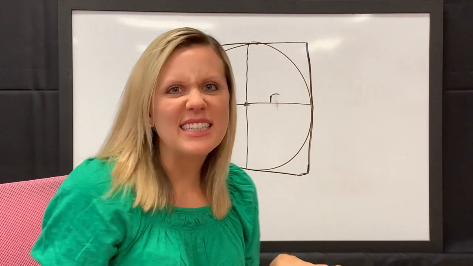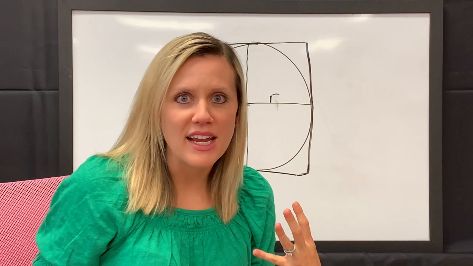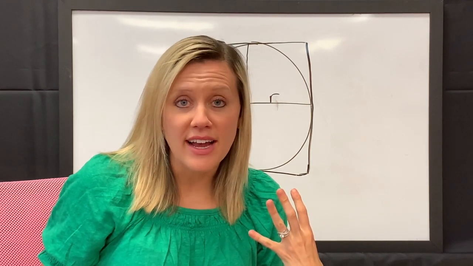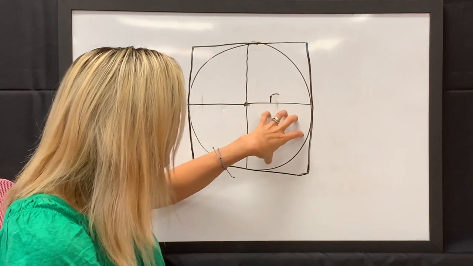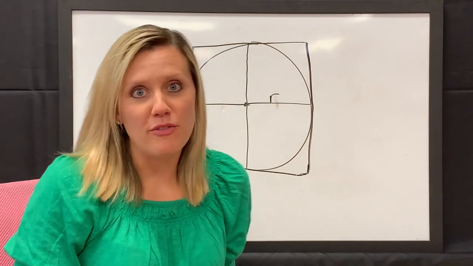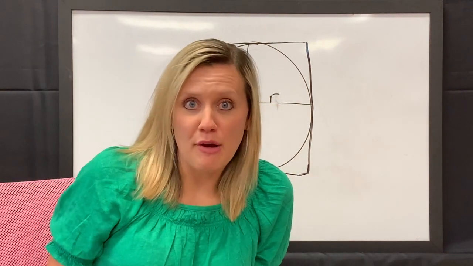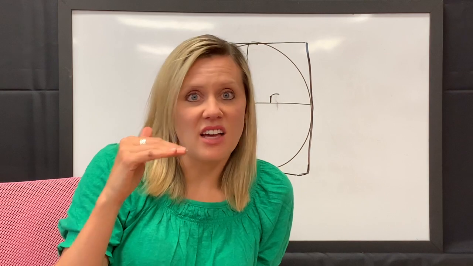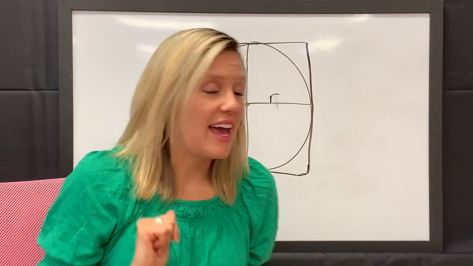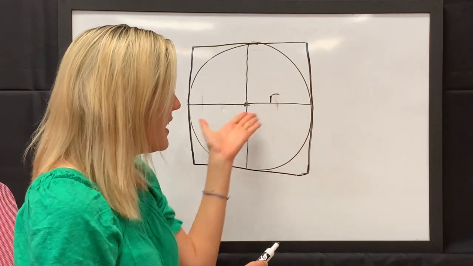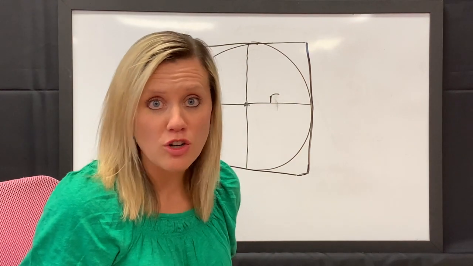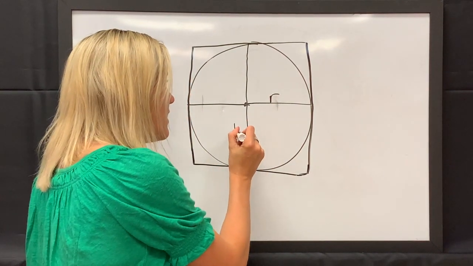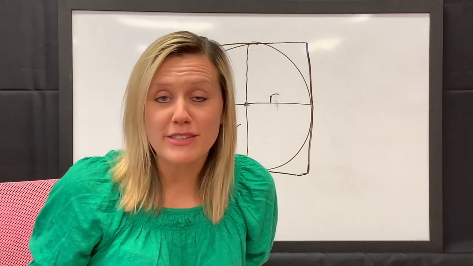Now, let's ignore the circle for a minute and pretend I wanted to find the area of just this bottom square. If you remember the formula to find the area of a square, it's just side length times side length, okay? So in this case, our side length is the radius of the circle, and our other side length is also the radius of the circle.